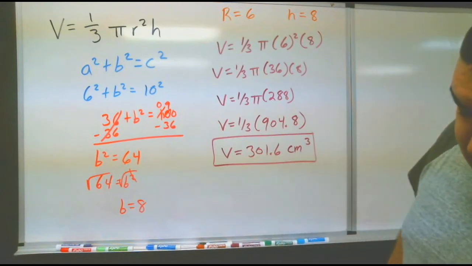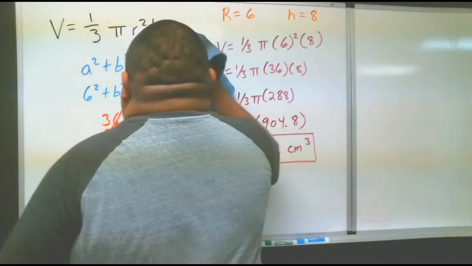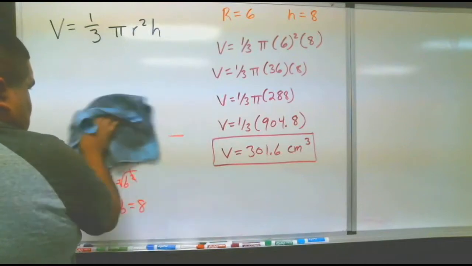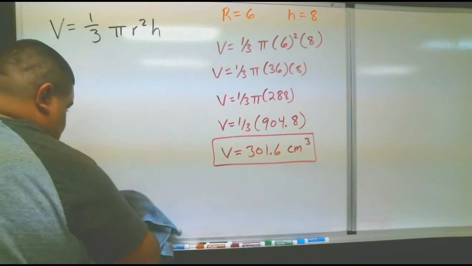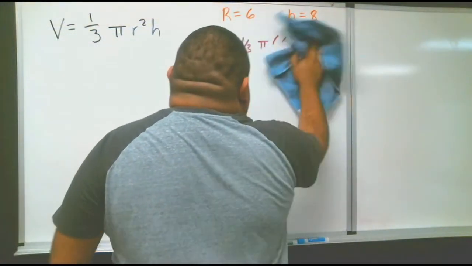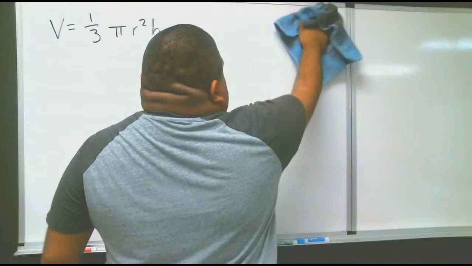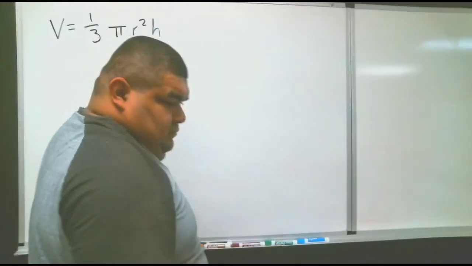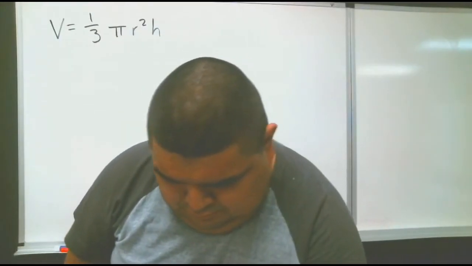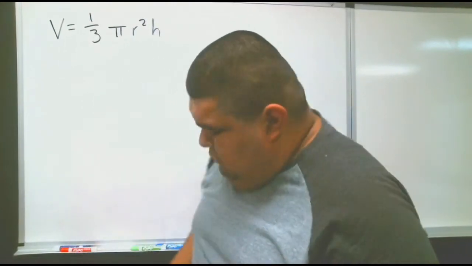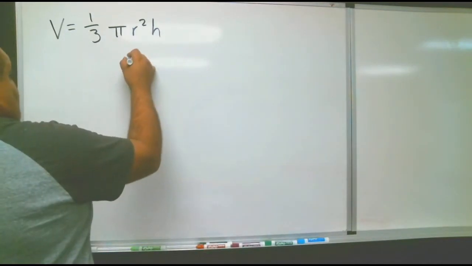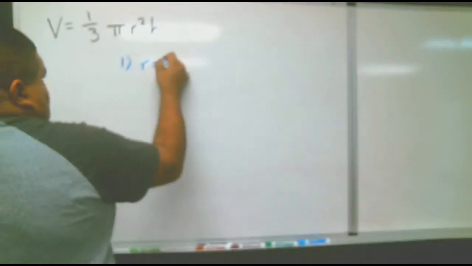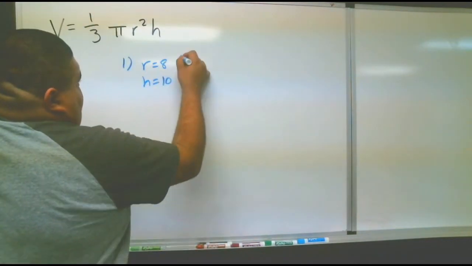All right, guys, your assignment for today is, for your first one, a radius of 8 and a height of 10. That's all in feet.